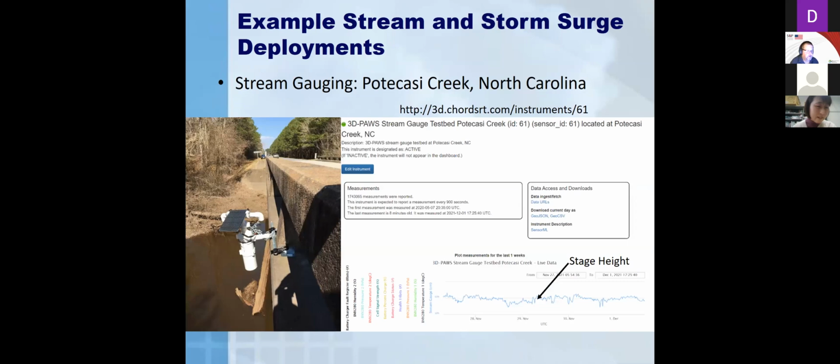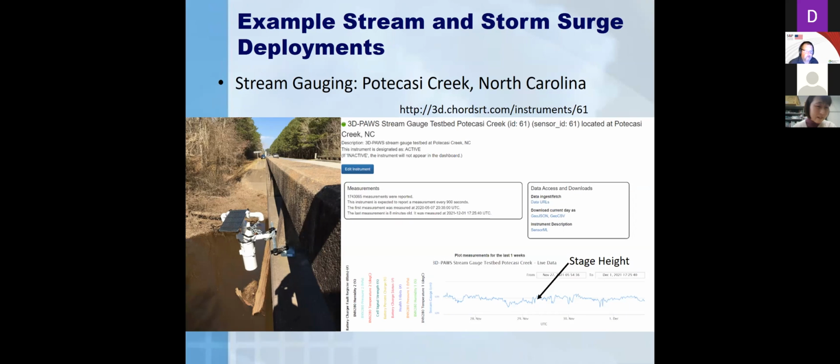I just wanted to show a few highlights, going back to stream gauging, of the data that we've been collecting. Again, this is a stream gauge here in the United States, in the state of North Carolina. Shown here, all the data that we collect for our stations up to this point are available in real time.